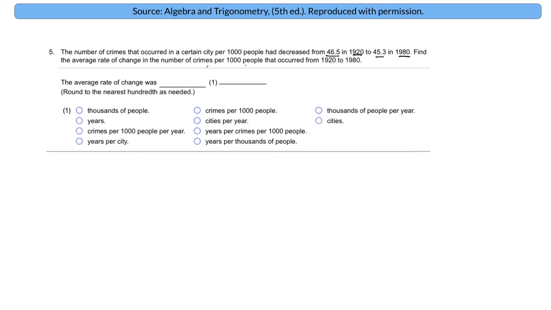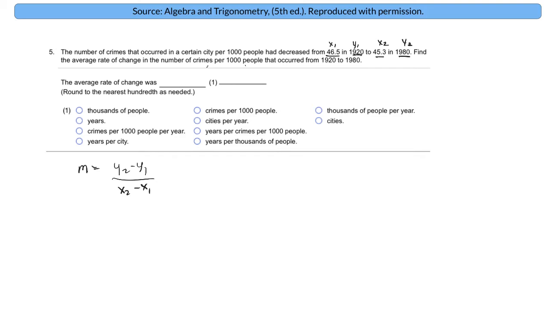So this one I would be doing a slope formula for. If they're looking for a rate of change, it'll be a slope formula. So m is equal to y2 minus y1 over x2 minus x1. Now here, I would be tempted just to write this as x1, y1, x2, y2.